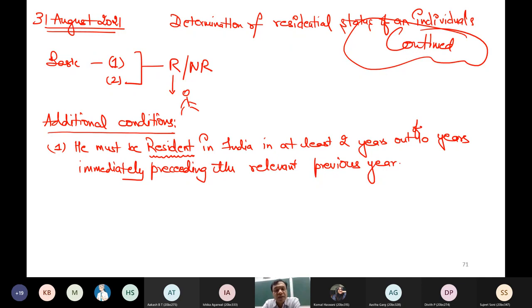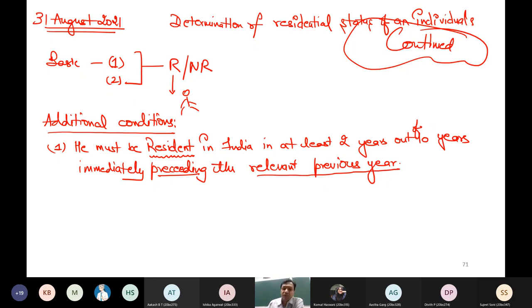In basic condition number 2, I need to check the current previous year's presence as well as the last 4 years' presence. But in additional conditions, you do not check the current year at all, because the current year is the concept which you apply for basic conditions. So in additional conditions, you never check the current year. That is why what I have written is immediately preceding the relevant previous year.